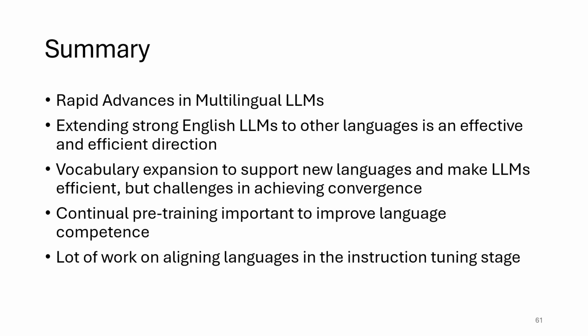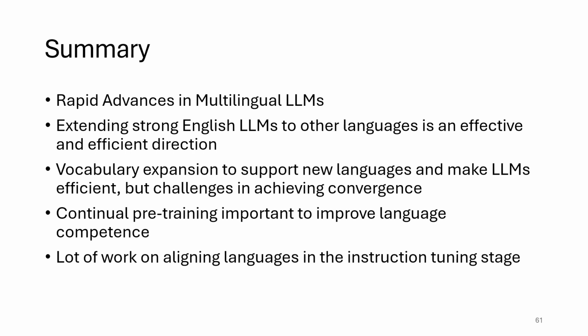Now that brings us to the end of the major sections in this tutorial. And to summarize what we looked at, we see that there are rapid advances happening in the multilingual LLM world. Some recent English-heavy models are also having better tokenizers for non-English languages, like Gemma 2 and Llama 3.